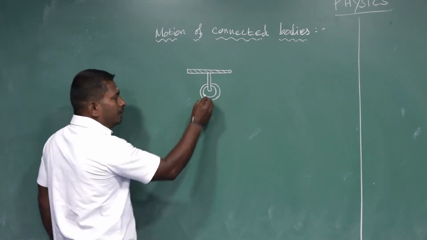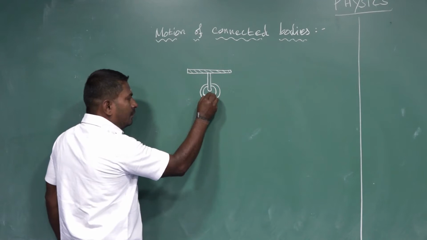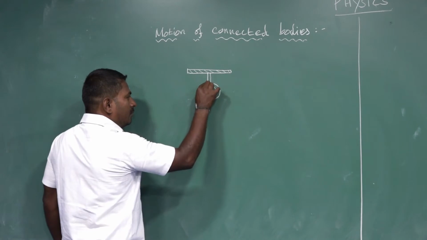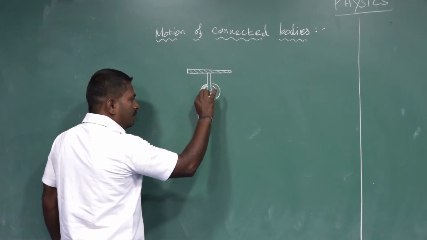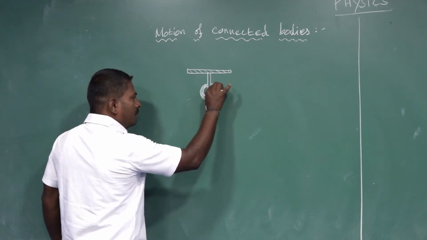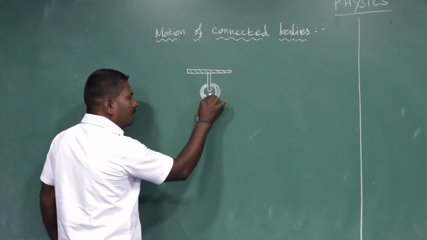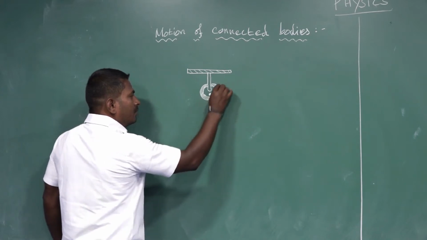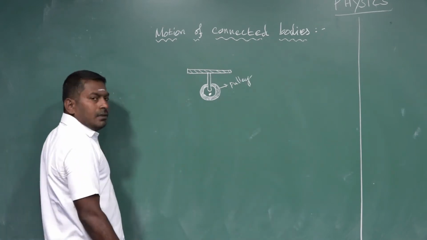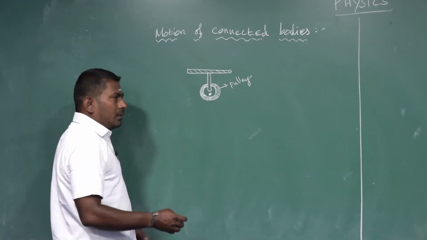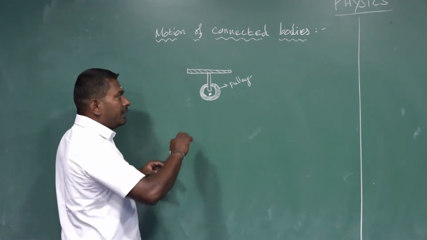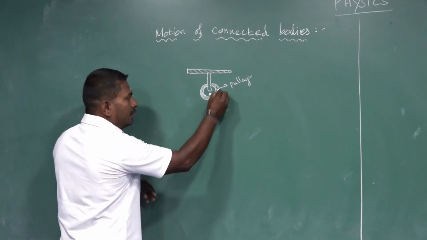It is a pulley. Take one string. The two ends of the string are connected with two blocks, and the string passes over the pulley.